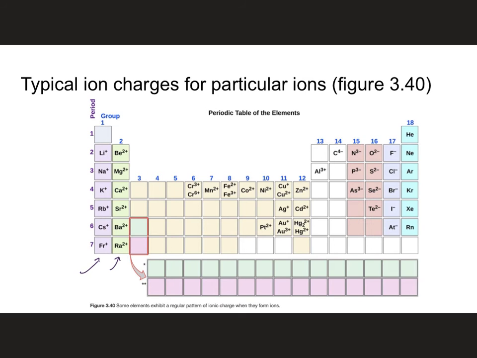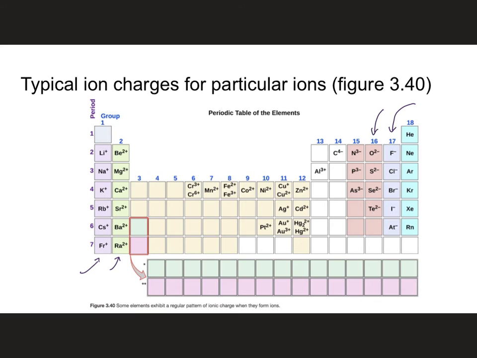Likewise, group 2, having only 2 electrons in the outermost shell, tend to be good losers of 2 electrons. If you go over here to the nonmetals, you can see that group 17, the halogens, are very good gainers, but they gain just 1, so that they are isoelectronic to a noble gas.